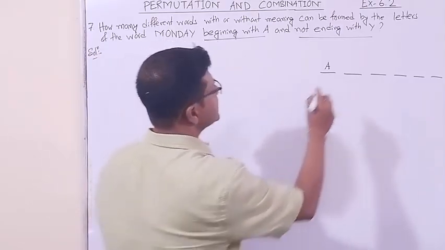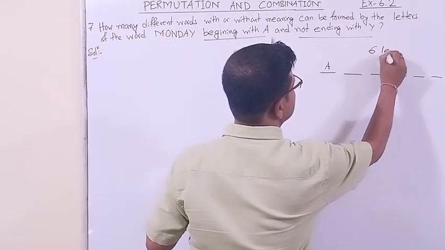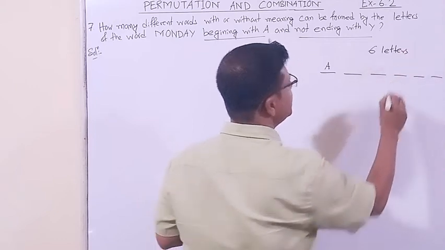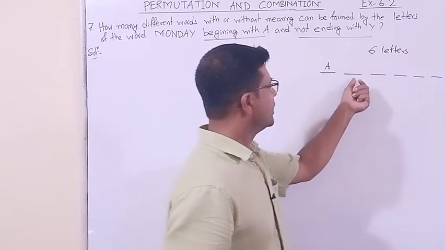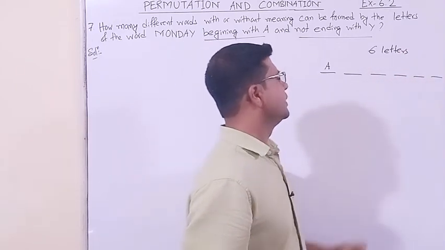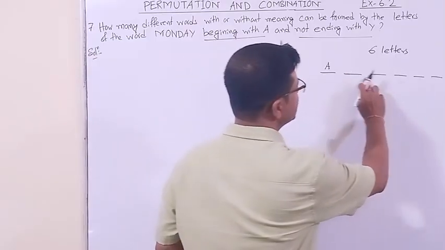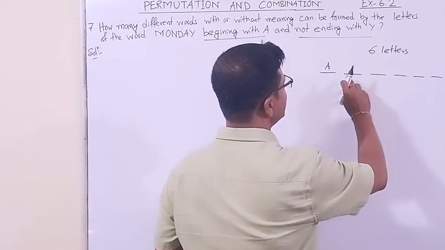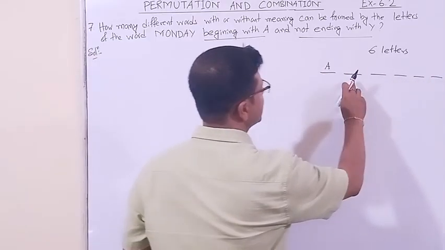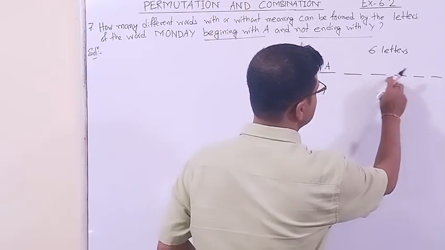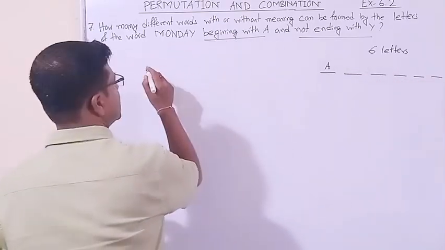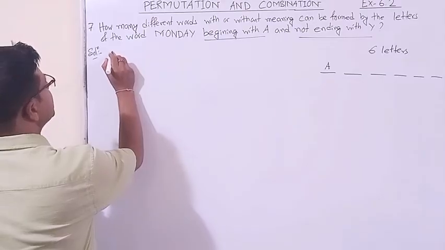Now, there are six letters. But how many positions are left? 1, 2, 3, 4, 5. So these 5 places can be filled up in how many ways? Factorial 5 ways.